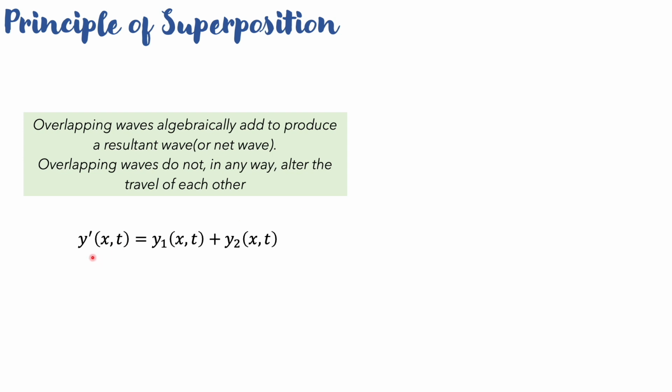So mathematically we can express it like this: this is the amplitude of the resultant wave, with a prime on it. This is the amplitude of one wave and this is the amplitude of the second wave. So when they superimpose, or cross each other, their amplitudes at a certain time t add up and give a resultant amplitude as a resultant wave or net wave.